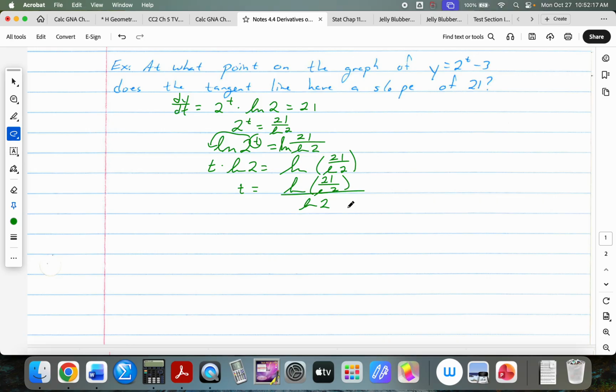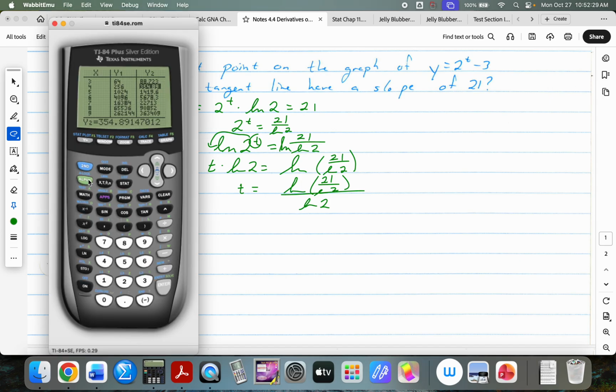That's a lot of natural logs for one problem, isn't it? And you can put that into the calculator and give a decimal approximation for it. And we'll go ahead and do that.